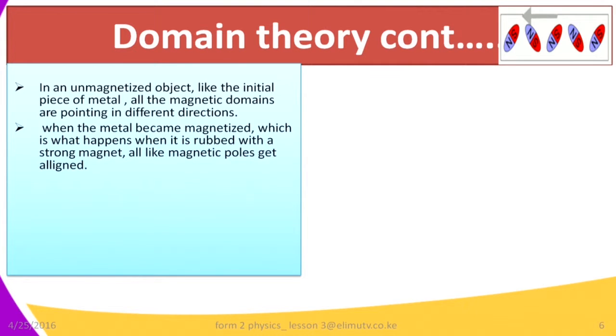So that arrangement of a class can be used to explain what an unmagnetized object looks like, because the magnetic domains are randomly arranged. They are facing in various directions. Now, when the metal becomes magnetized, which is what happens when it is rubbed with a strong magnet, all the magnetic poles get aligned.